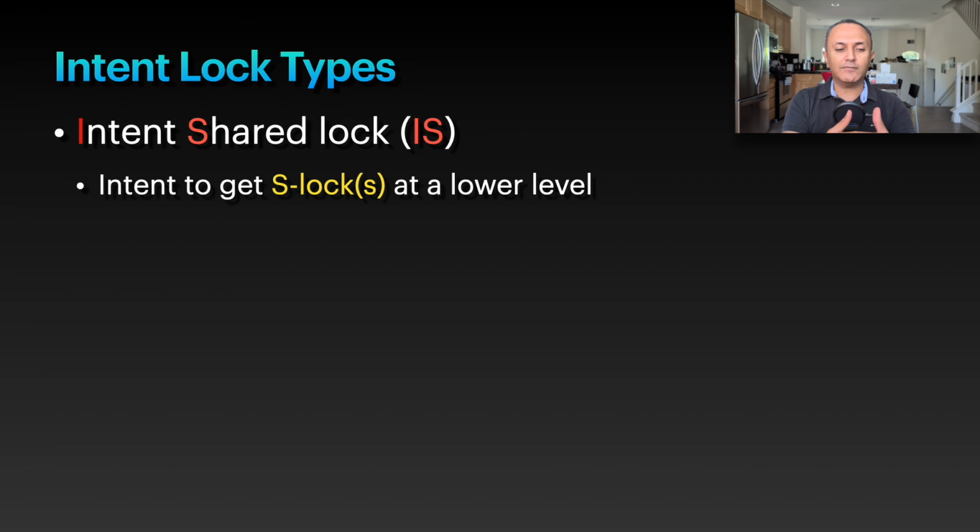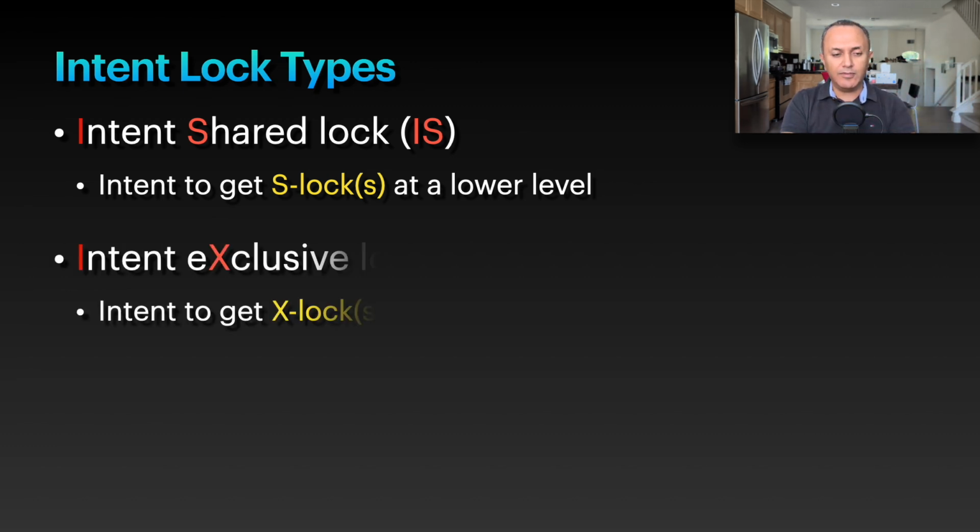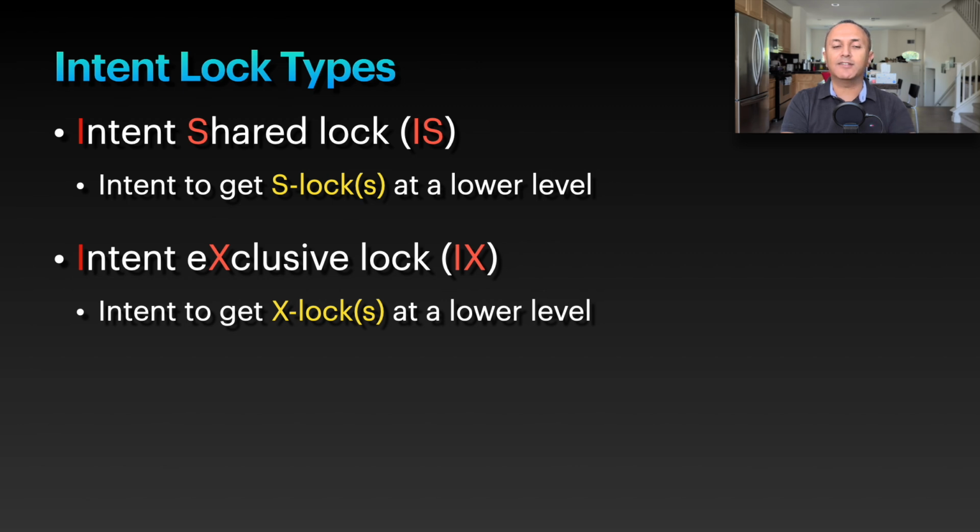So say that you want to read some rows, you have to request an IS lock at the table level to allow the transaction to request an S lock at the row level. Similarly, we have IX lock, intent exclusive. So you would request an IX lock at the table level so that you can request an X lock at the row level. We're only dealing with this because we have multiple levels of locking now, right? If we had only a single level of locking, then S and X should be enough.